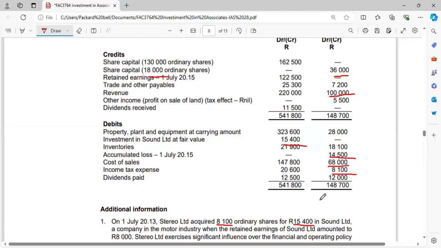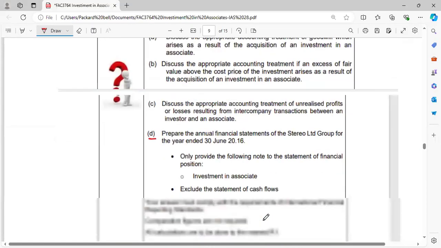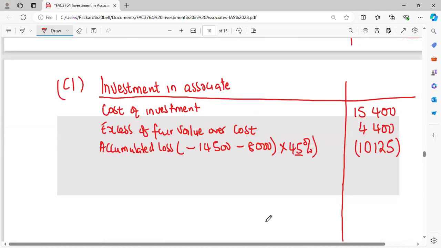So here it's going to be a share of profit. It's going to be 100,000 minus 68,000, the cost of sale, minus 8,100.